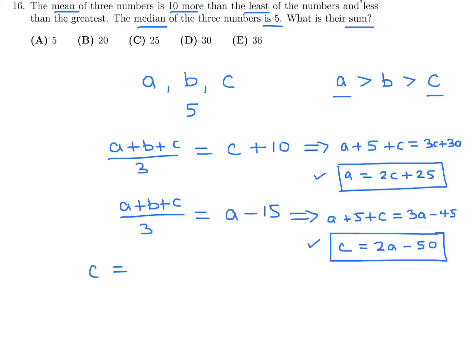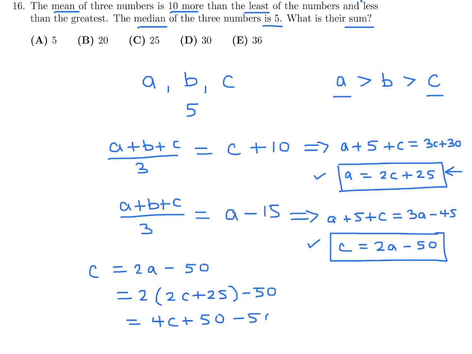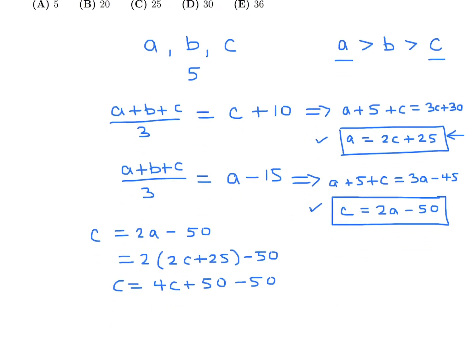So C is equal to 2A minus 50. 2A we know is right here. 2C plus 25 minus 50. And therefore this is 4C plus 50 minus 50, like that.